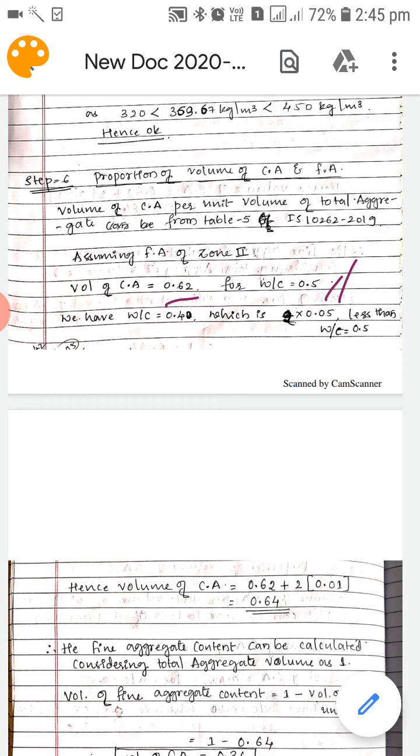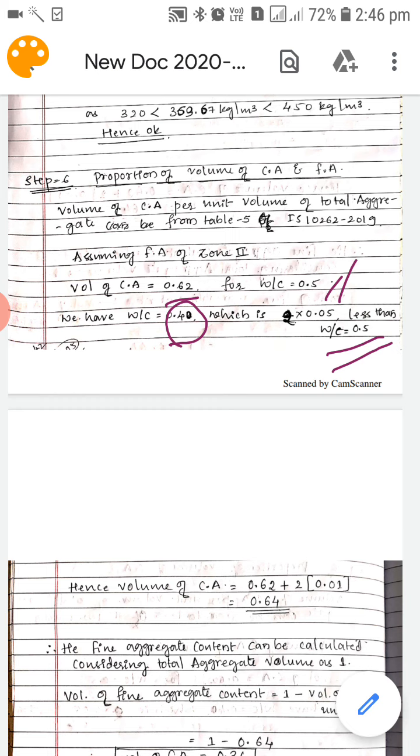We have a water cement ratio of 0.40 here. The water cement ratio of 0.40 has been adopted in the given problem, which is 2 times 0.05 lesser than the reference water cement ratio, that is 0.5.